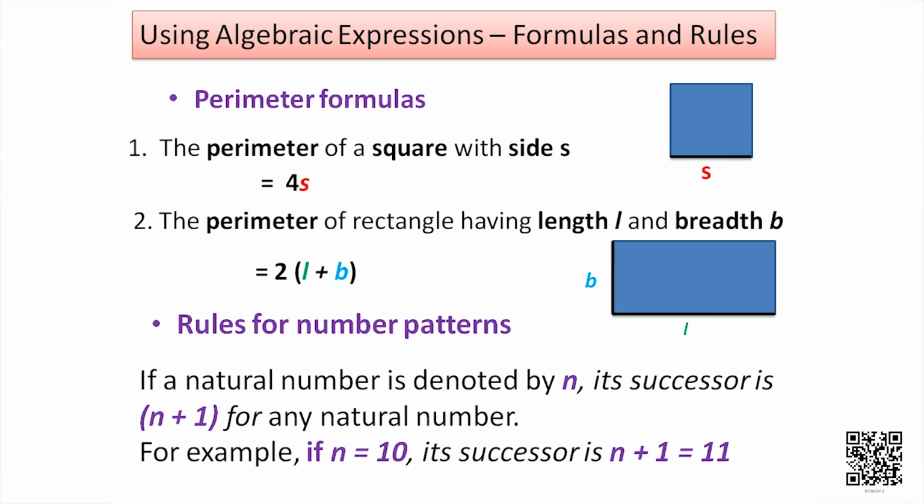For example, if n is equal to 10, its successor, that is n plus 1, will be 11. So, we have written this number pattern in the form of an algebraic expression, n plus 1, where n is a natural number. This way we can make other rules and formulas also with the help of algebraic expressions.